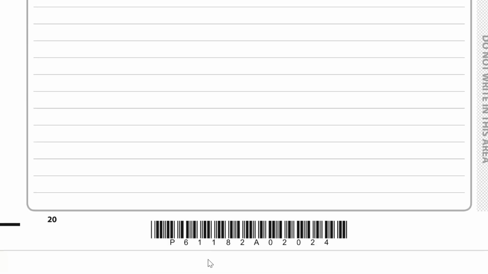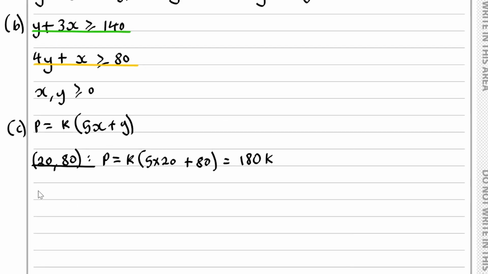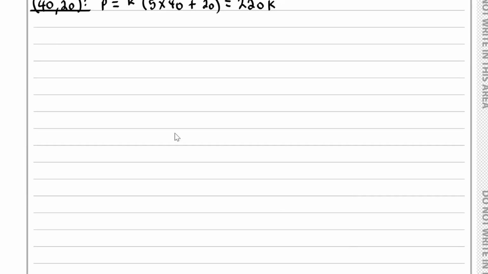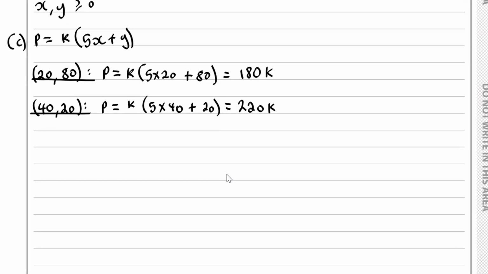The next one we've got is 40, 20. If we substitute that point in, we have p equals k lots of 5 times 40 plus 20, that's 220k. The next point we've got is 160 over 3 and 20 over 3.